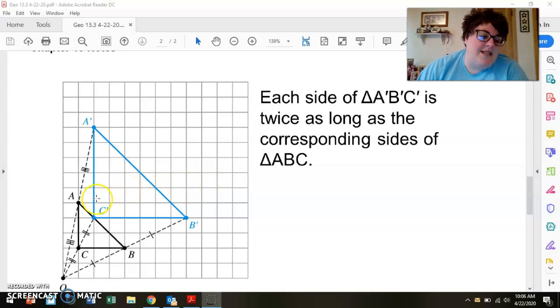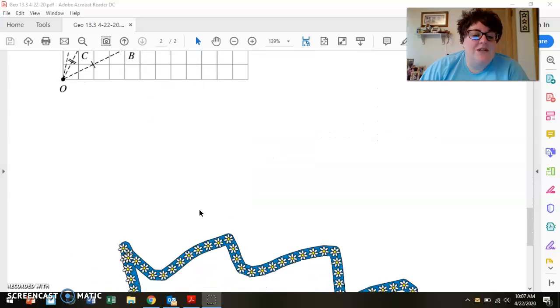Side AC is 3 blocks long, and the dilation is twice, so 3 times 2 is 6, so A prime C prime is 6 blocks long. Each piece is double what the original is.